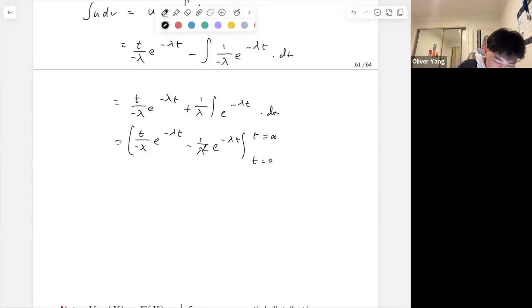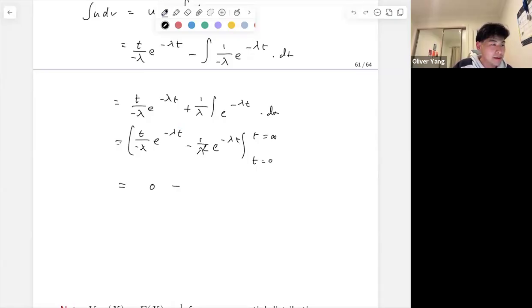So e to the negative infinity is going to be a really small number. That's going to be 0, right? If we sub in infinity here, e to the negative infinity is going to be 0. So it's just going to be 0. That's our first term. Same with this one here.